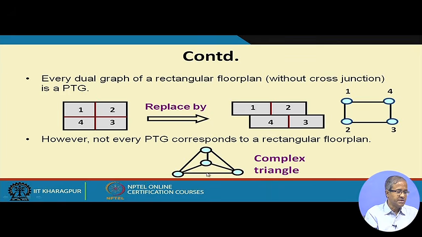There are 3 triangular faces. Now, you can try it out in any way, you will see that you cannot draw a floor plan for which the corresponding dual graph will be this. So, this complex triangle is one difficult problem in this particular approach whenever you encounter it in a graph.